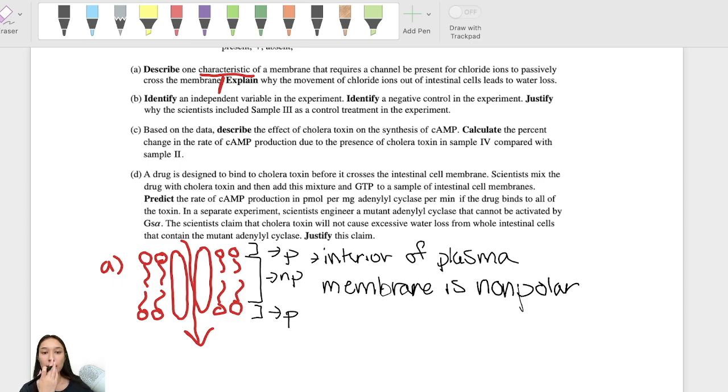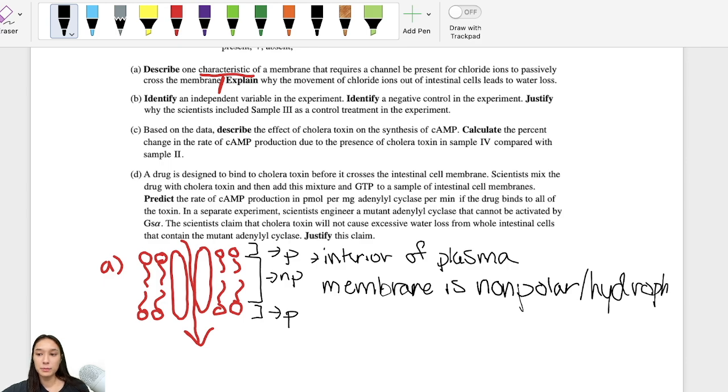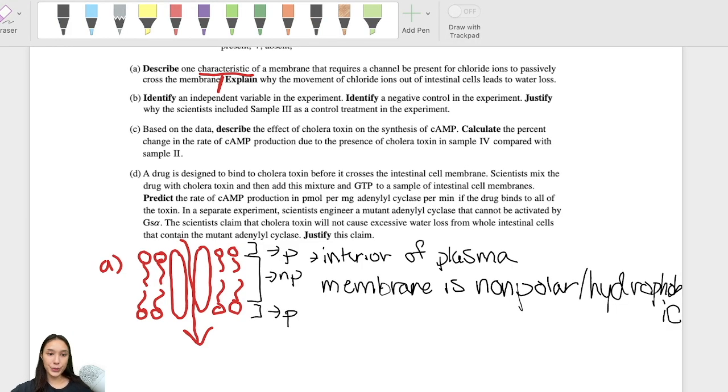Another thing that you could say, you could have said nonpolar or hydrophobic. Those terms you can use pretty interchangeably. It doesn't matter which one you use, they pretty much mean the same thing. And then another option is that the interior of the membrane is also not charged.